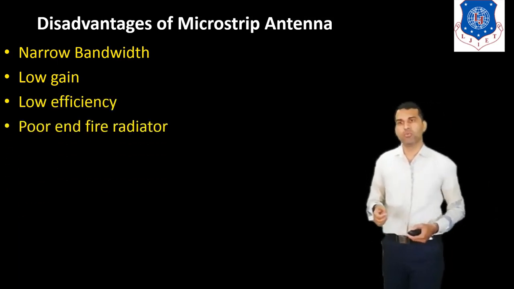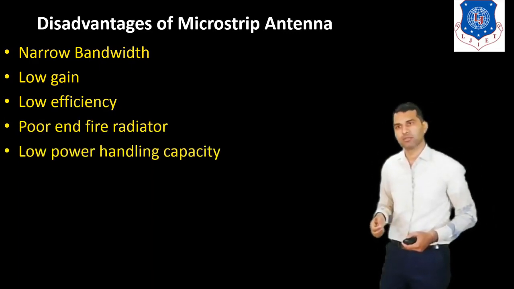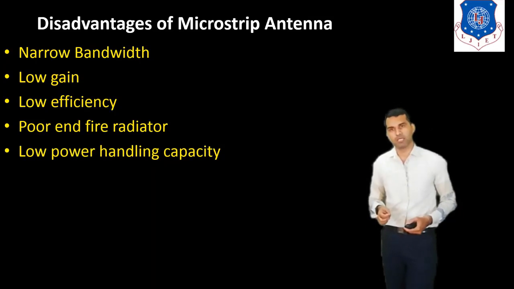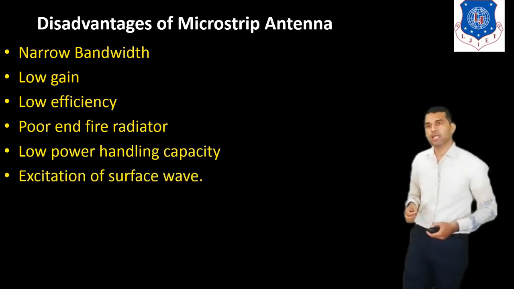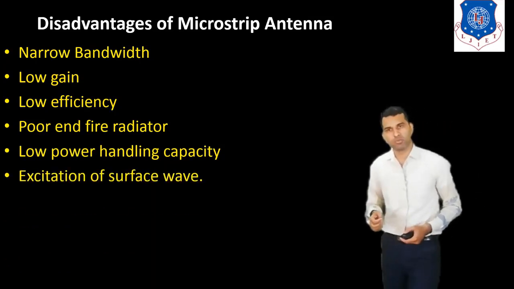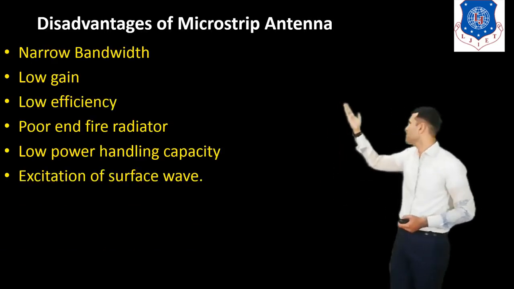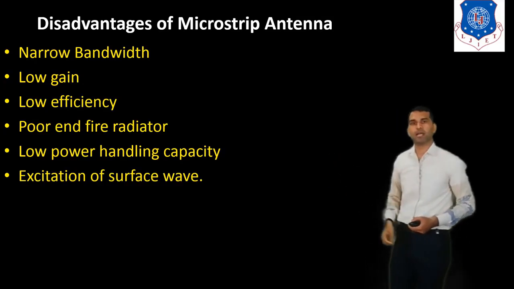Next is poor end fire radiation. Next is low power handling capacity. Then next is excitation of surface waves. So these are the disadvantages of this antenna.